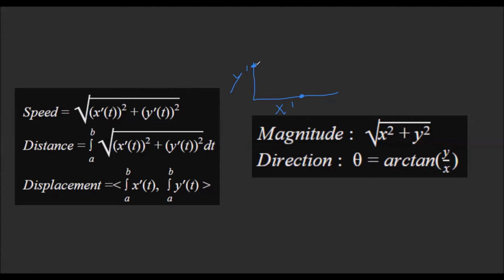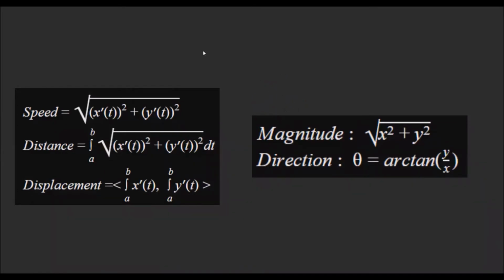And in order to do so, we could just find this line here, which also represents or is equal to this line here, which is what we're really trying to find. And we can do so by using the Pythagorean theorem, except instead of position, we're using velocity. So that's how to find speed.